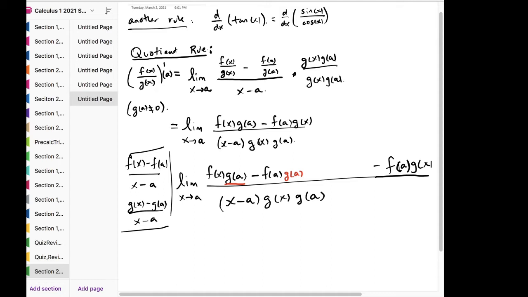What do I need to do to compensate? Well, if I subtract something, that tips the balance. So to make it balance again, right, you need to add it. But you need to add this exact term, right? So you would add f of a, g of a.